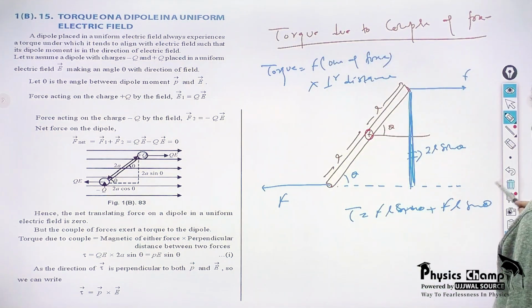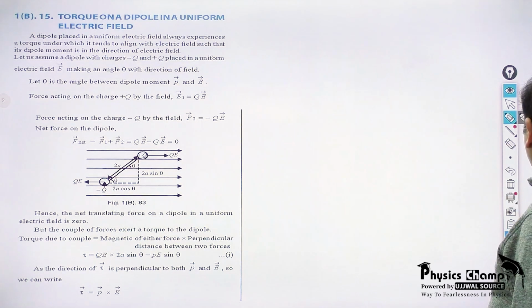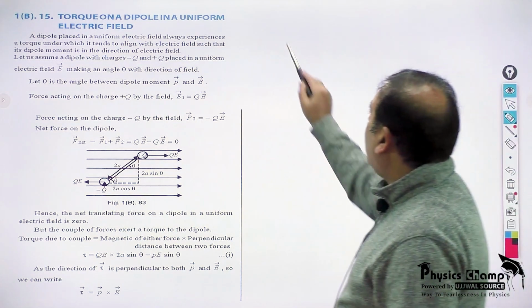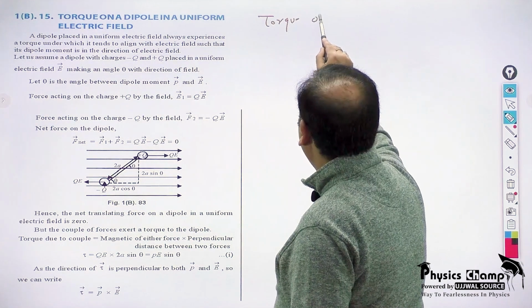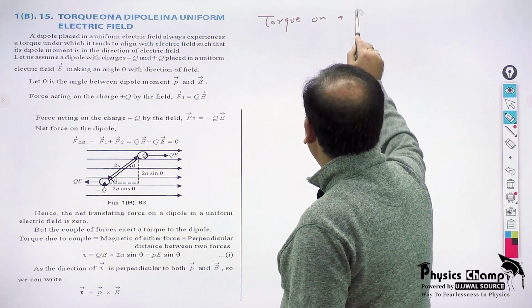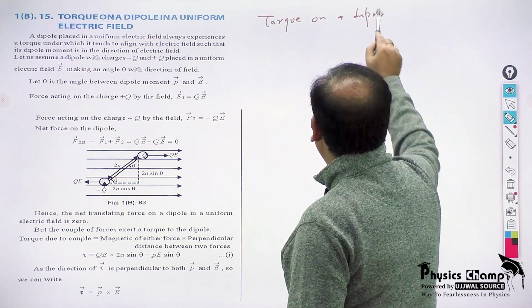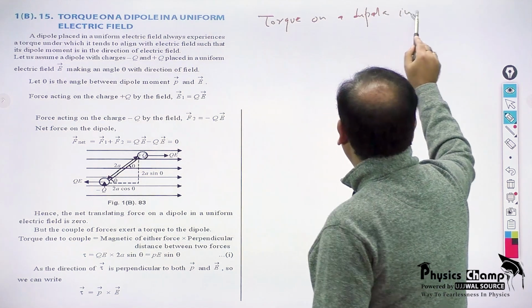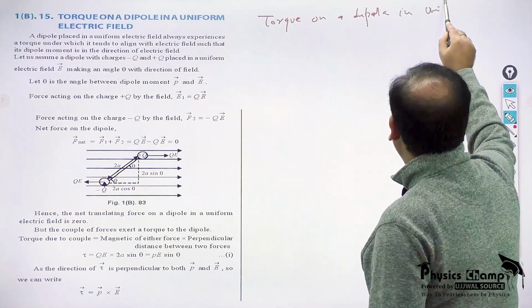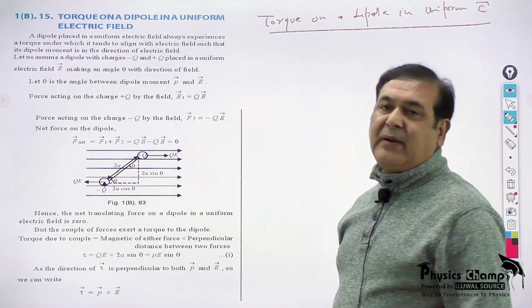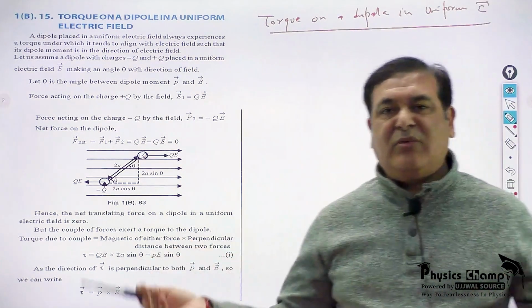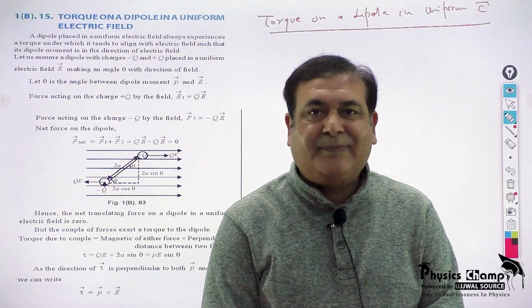Now the next expression, torque on a dipole in uniform electric field, is in fact based on the concept that I just discussed.